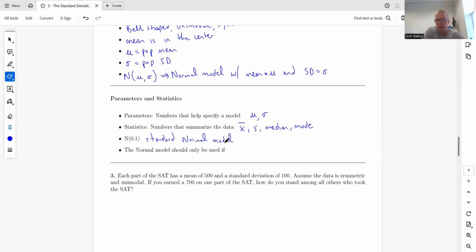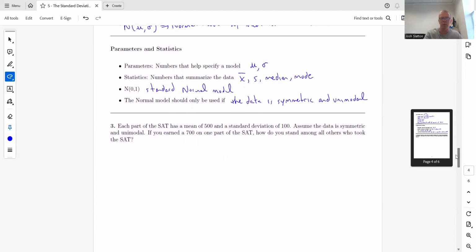All right, and then last part, the normal model should only be used if the data is symmetric and unimodal. If it's skewed or it's bimodal, multimodal, then you probably should not use the normal model.